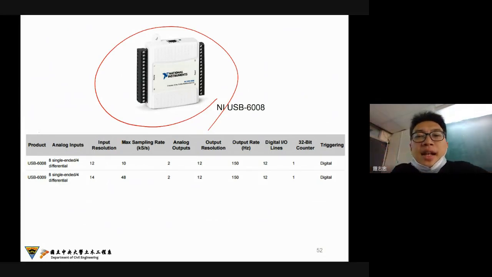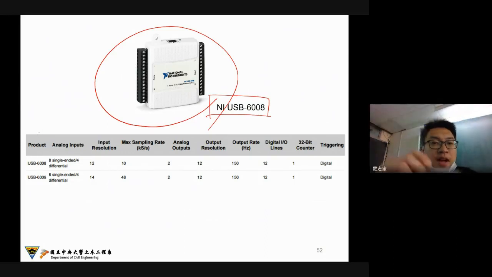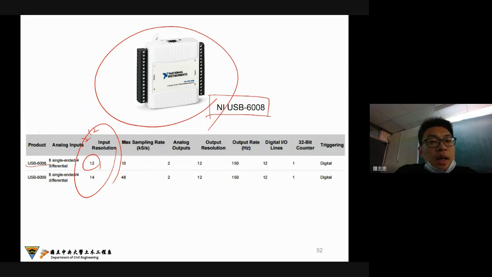Here, this is the NI, National Instruments, product, what we call a USB. Here you can find the resolution. For example, the 6008 type with 12-bit resolution.